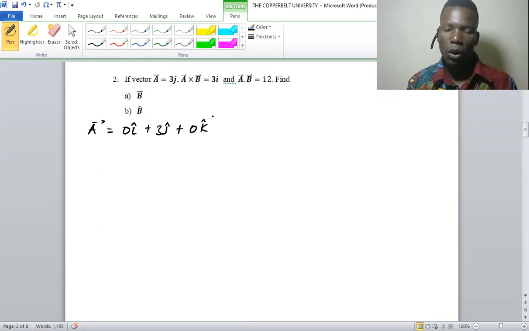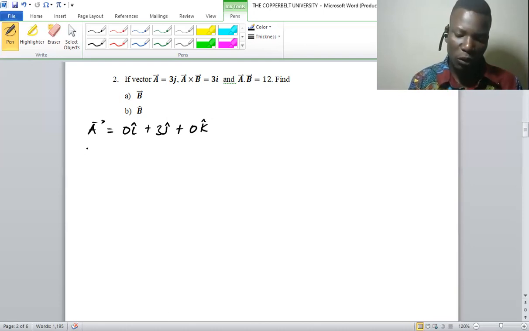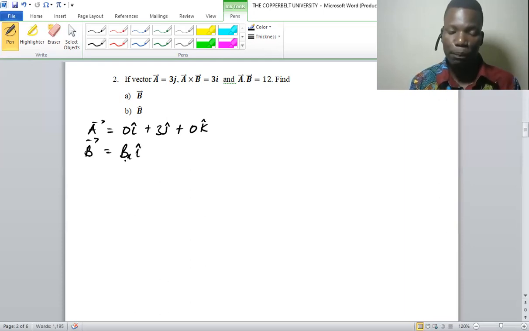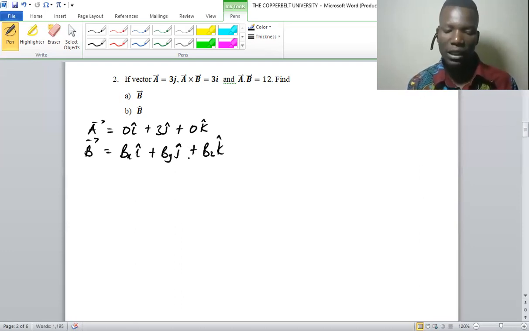And then we also write vector B in component form in 3 dimensions, but we don't know the components of vector B. So it's going to be vector B equal to bx, that's the component in the x direction, and then we have by, then we have bz. So we need to find the values of these components for us to be able to know what vector B is.